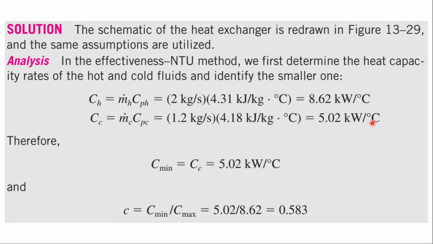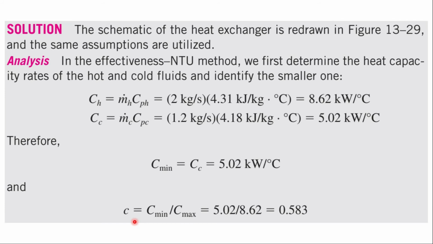So we have to identify which heat capacity rate is the smaller one. Obviously, when we compare these two values, 5.02 is the smaller one. So the heat capacity rate for the cold fluid would be our C min value. Keep in mind that this C min value is very important. We are going to use this value in the upcoming slide formulas.